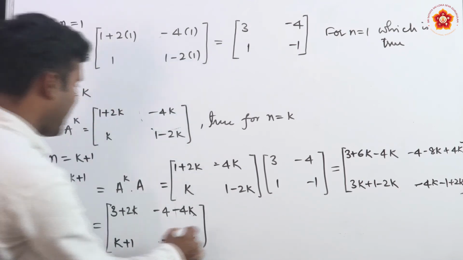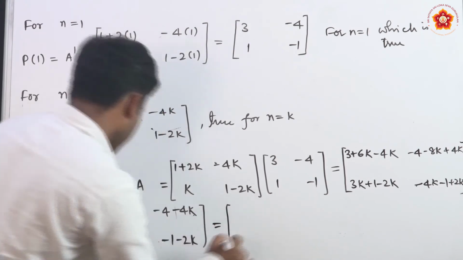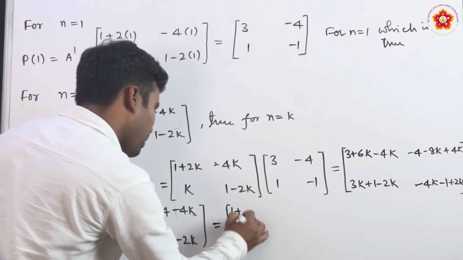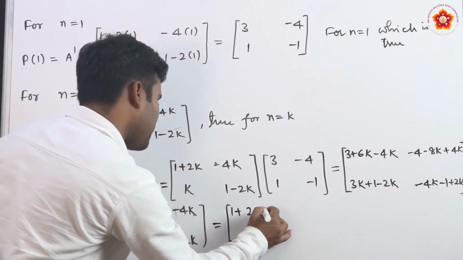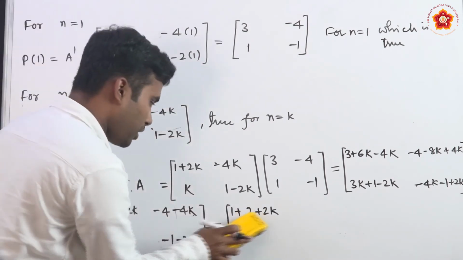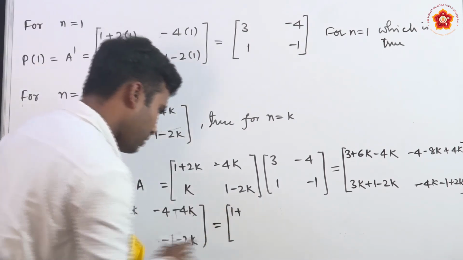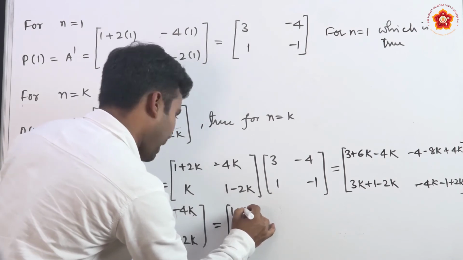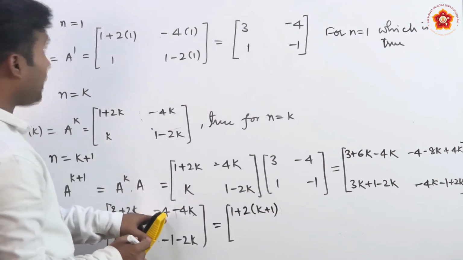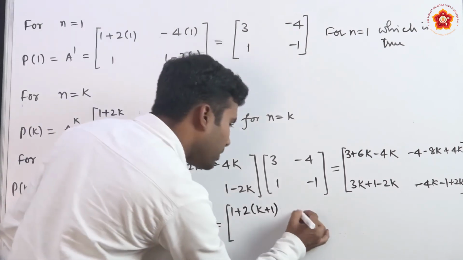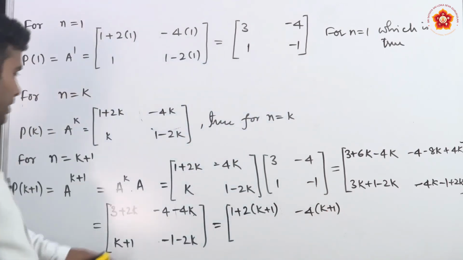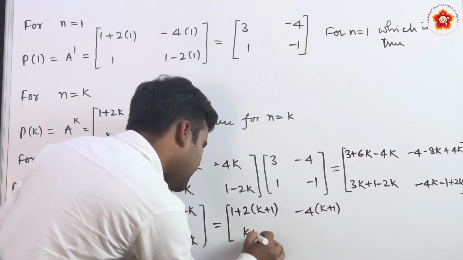See, I can rewrite this as, look at this, 3 plus 2k, I am going to write as 1 plus 2 plus 2k. I can write like this. From these two terms I can take 2 as a common term, then I will have 2 times k plus 1, and here also I will take minus 4 as a common term, minus 4 times k plus 1, and here already we have k plus 1 itself.